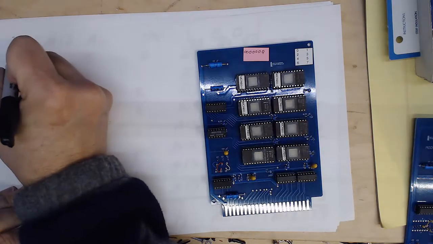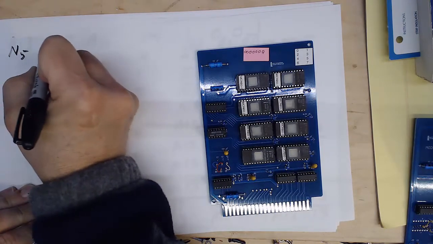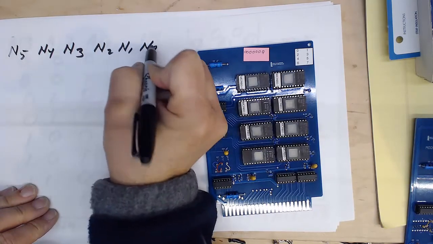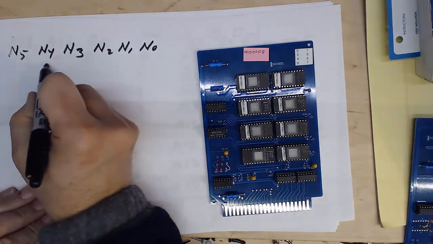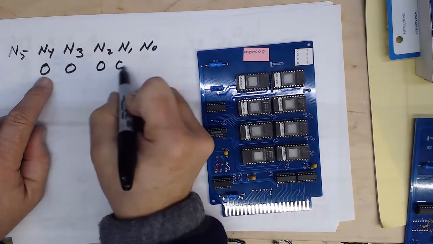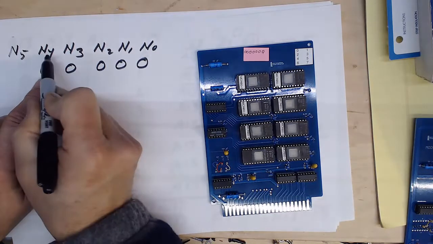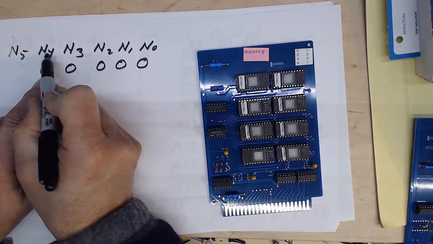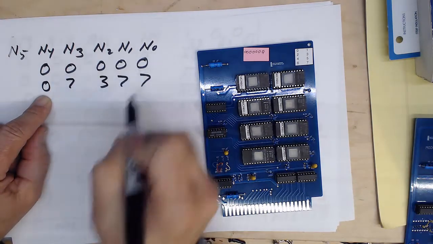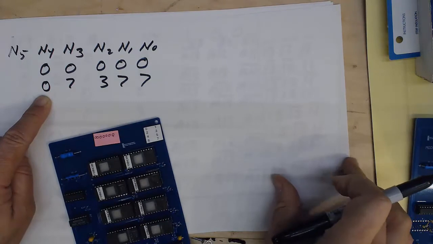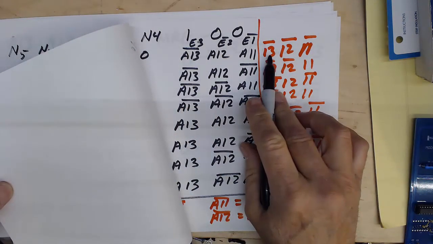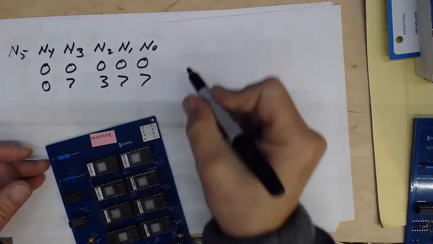If we want N5, N4, if we want this board to be addressed from 0, 0, 0, 0, 0, up until N4 changes, so up until 0, 7, 3, 7, 7, then we would pick this first row, 0, 0, 0, so a 13 bar, 12 bar, 11 bar.